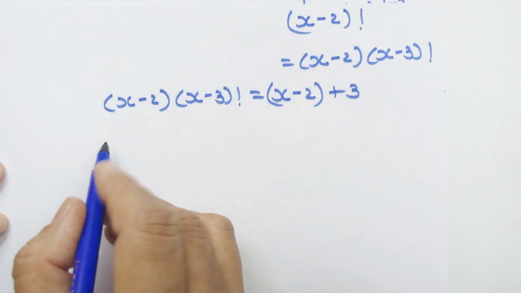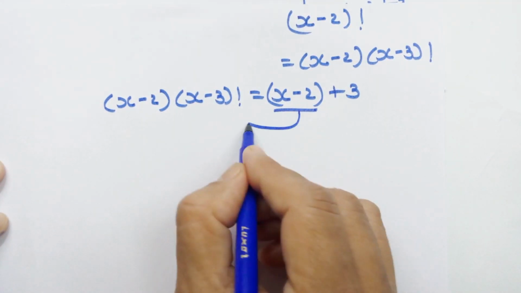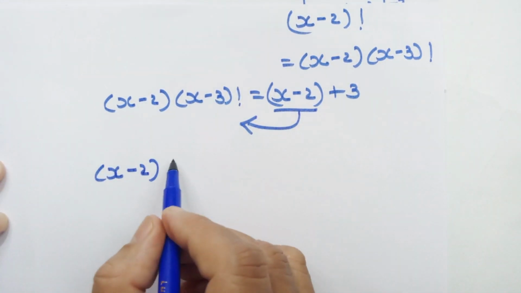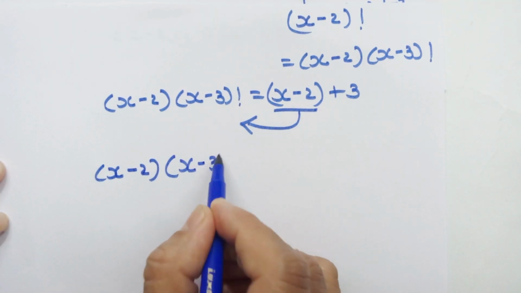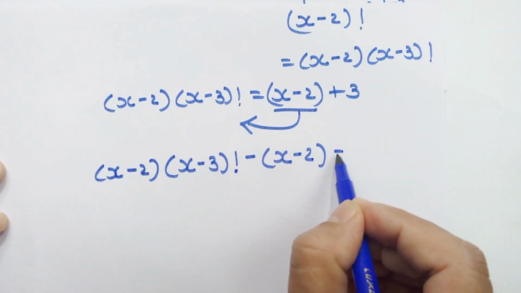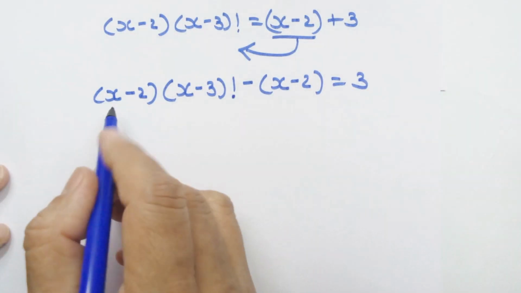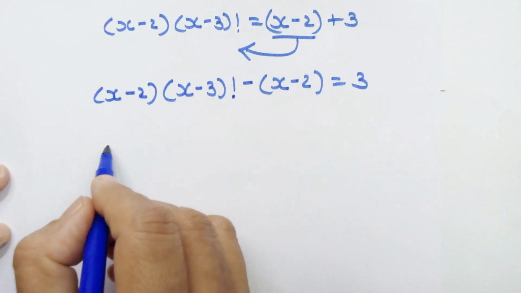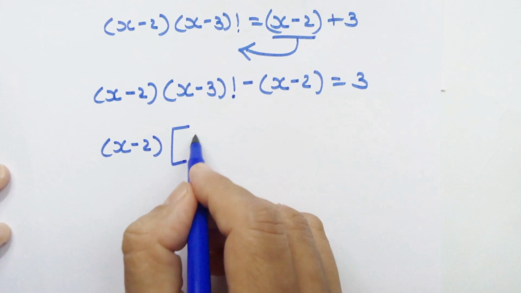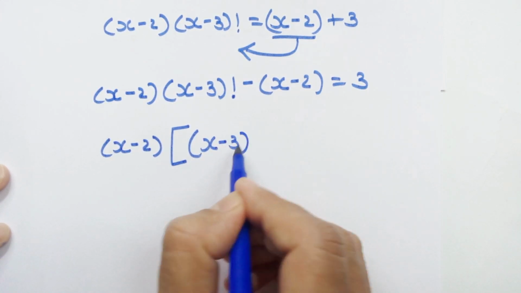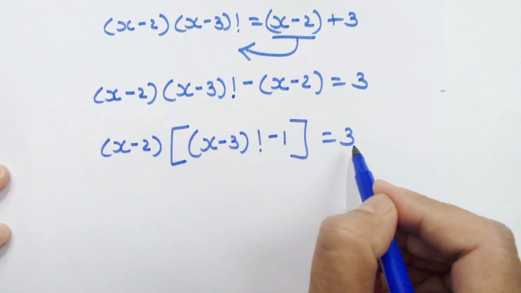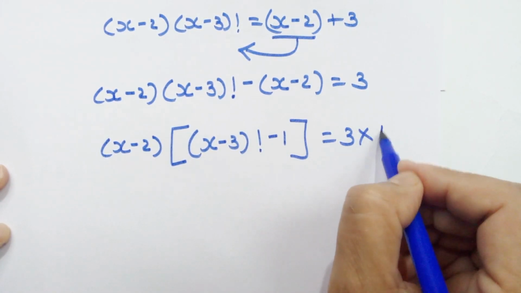Okay, so let's move this x minus 2 to the left hand side. We have x minus 2 into x minus 3 factorial minus x minus 2 is equal to 3. Okay, now let's take x minus 2 common. So x minus 2 into x minus 3 factorial minus 1 is equal to 3, and we can also write 3 into 1.